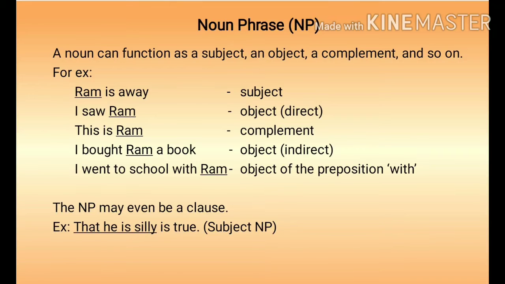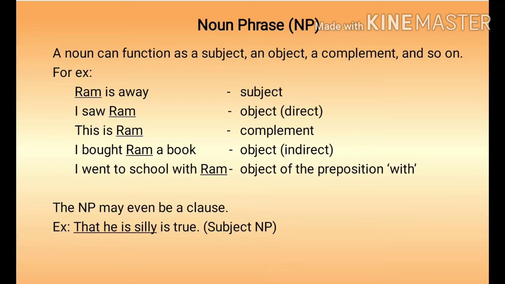I bought Ram a book. In this sentence, Ram is an indirect object. I went to school with Ram. In this sentence, Ram is the object of the preposition with. In all these sentences, Ram can be replaced by that silly donkey.